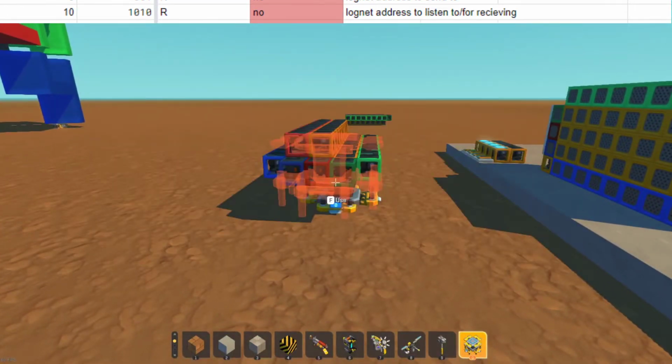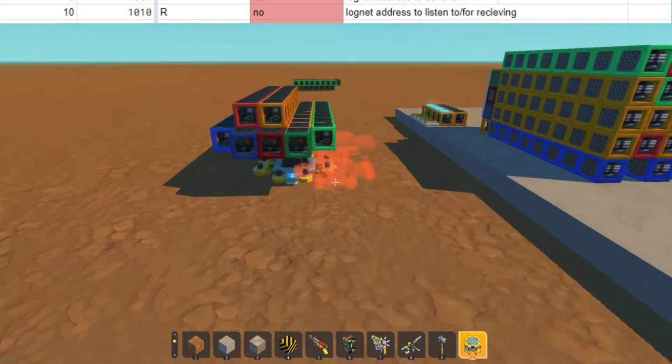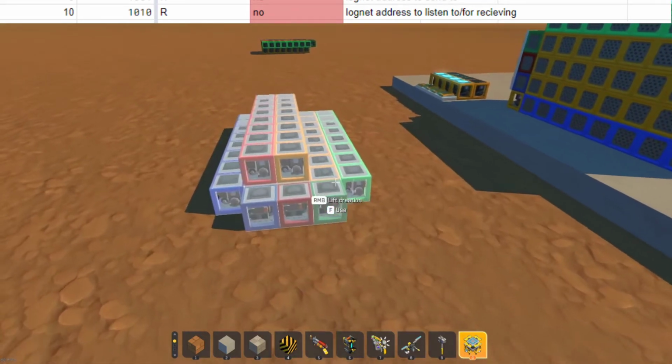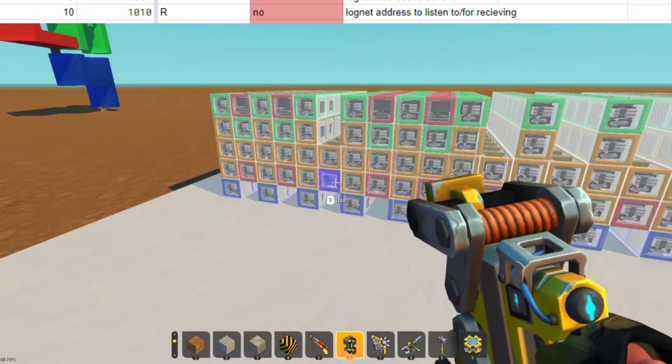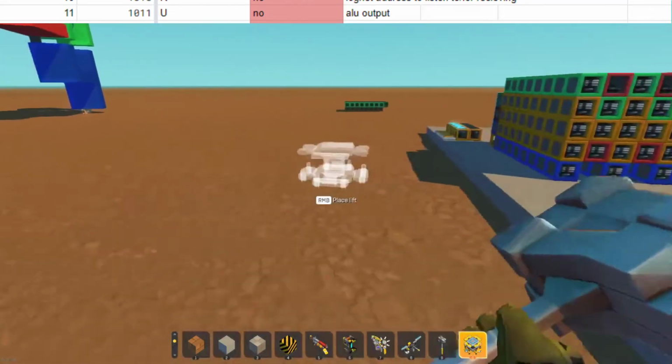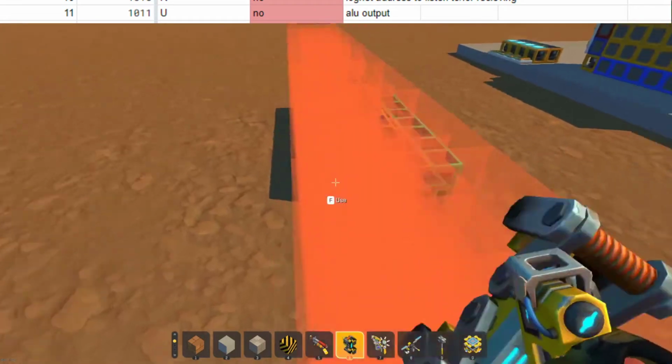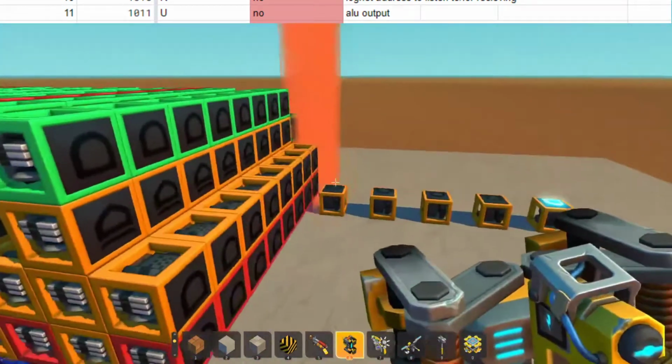And then the R register, which is the lognet address for receiving, or basically the lognet address of the computer. And then we have the U, which is the ALU output.